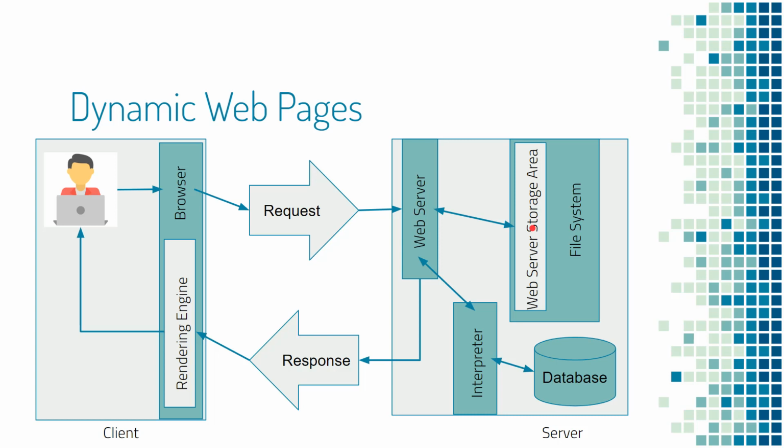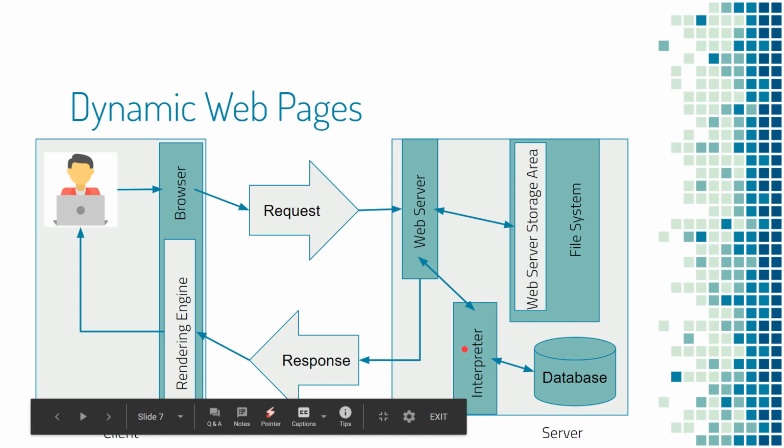If it's found, then the web server will try to figure out what rule applies, what it should do with the PHP file. It will find that the PHP file must be sent to the PHP interpreter. The PHP interpreter will read all the statements in that file.